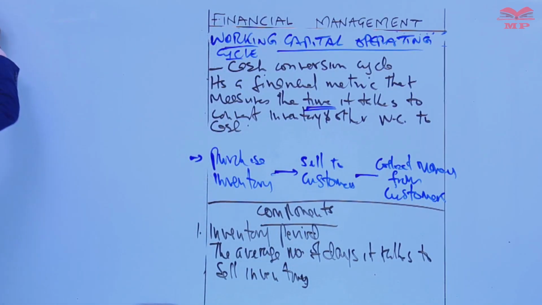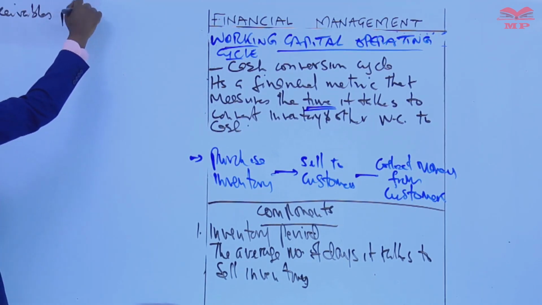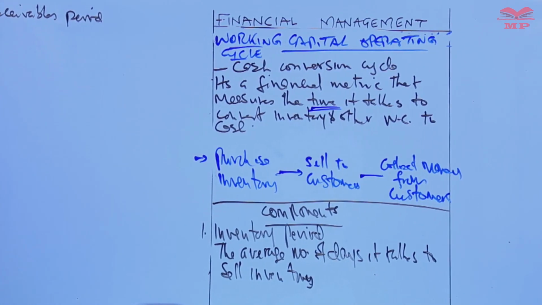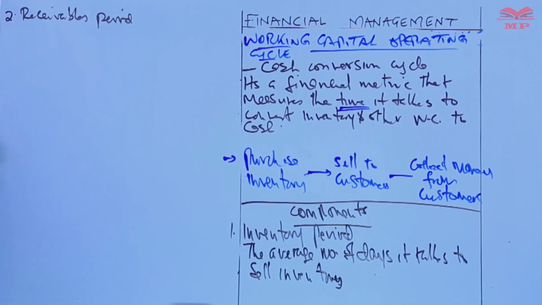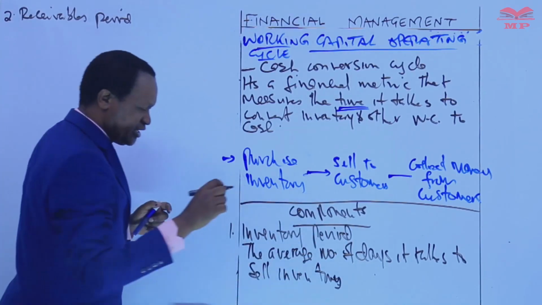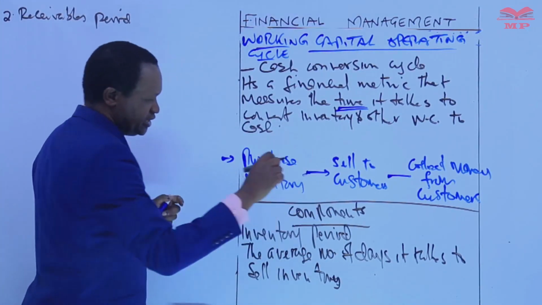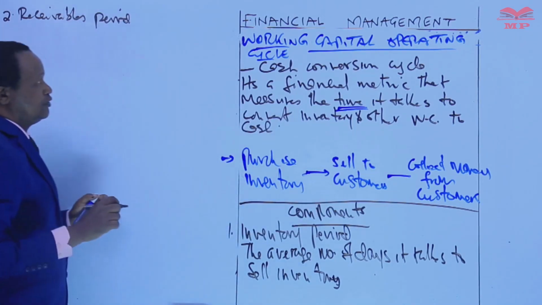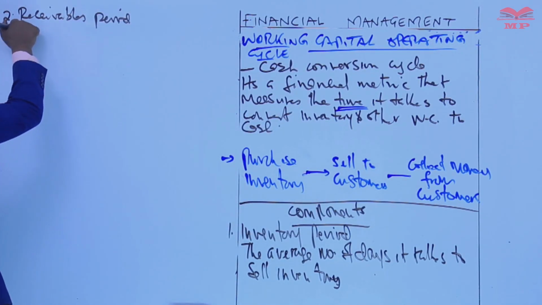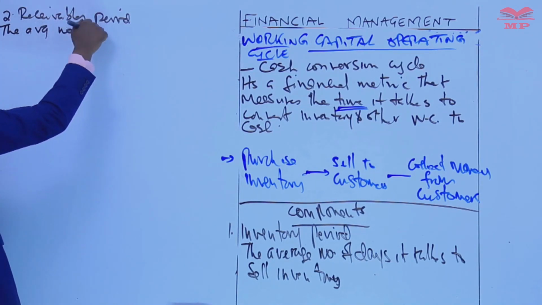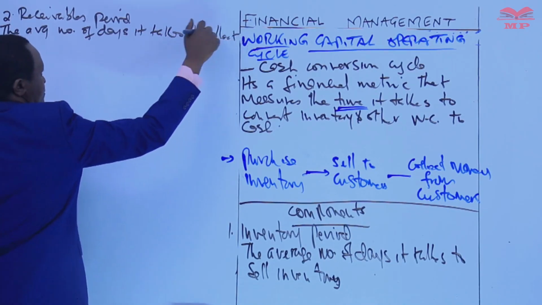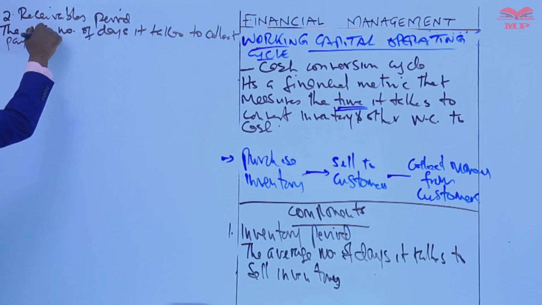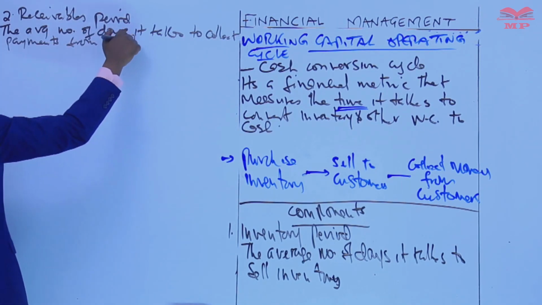Number 2, we have receivables period. This is the average number of days it takes to collect payments from customers.